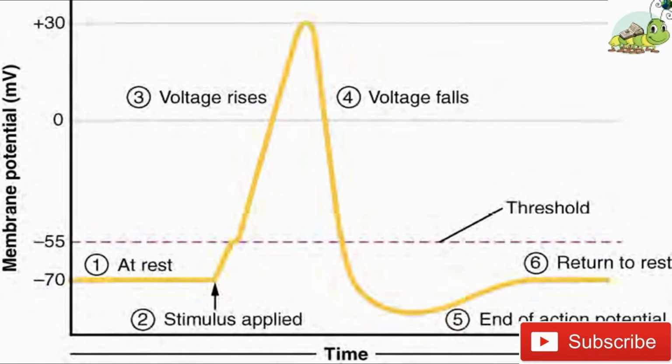To put that value in perspective, think about a battery. An AA battery that we might find in a television remote has a voltage of 1.5 volts, or a 9 volt battery, the rectangular battery with two posts on one end, is obviously 9 volts.